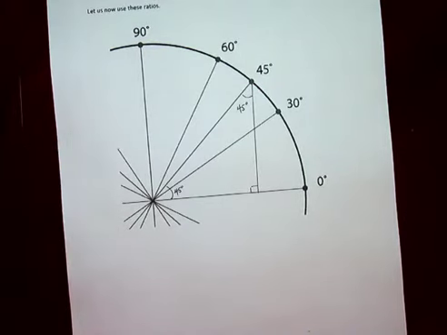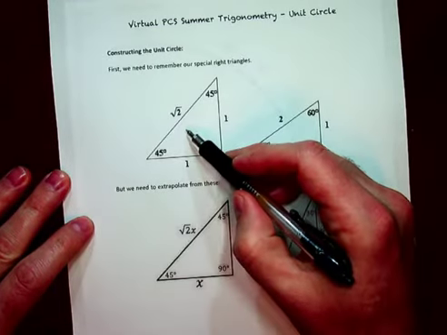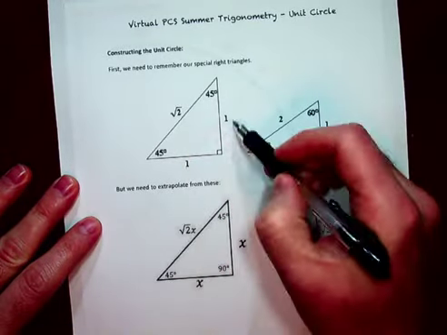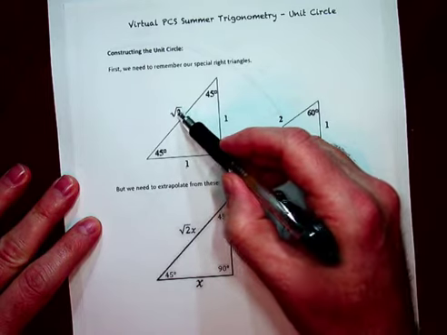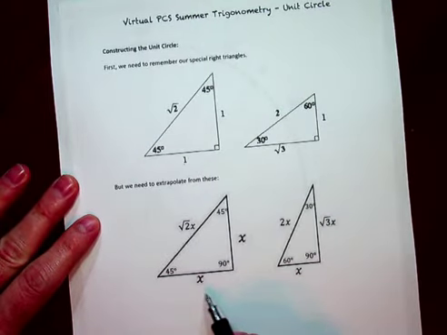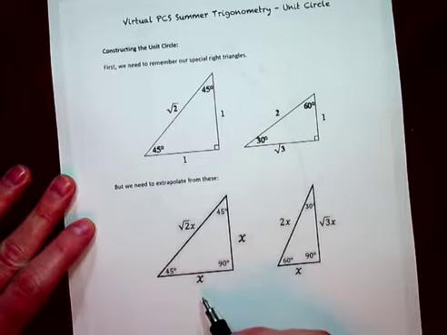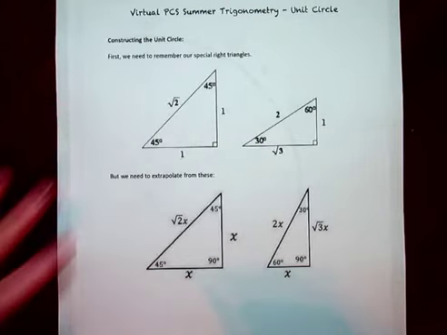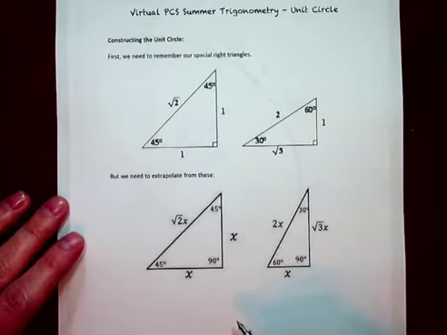Now, remember that when we were dealing with that in the special right triangles, it was 1, 1, and root 2. This reminds us that those ratios hold for any 45, 45, 90 right triangle.